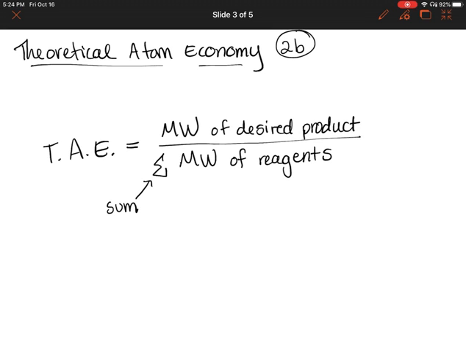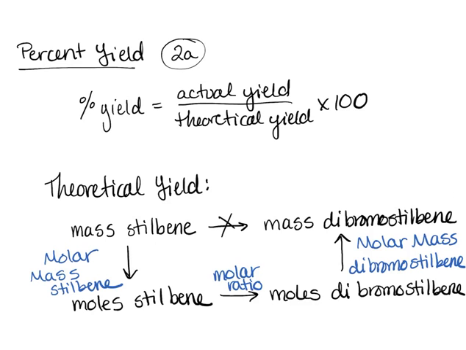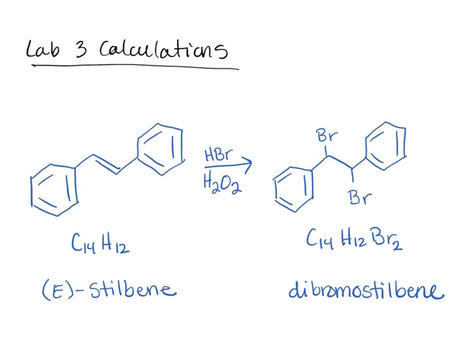If we go back to our reaction, our reagents are stilbene, hydrobromic acid, and hydrogen peroxide. So we're going to calculate the molar mass of stilbene, but we already did that in our previous calculation.